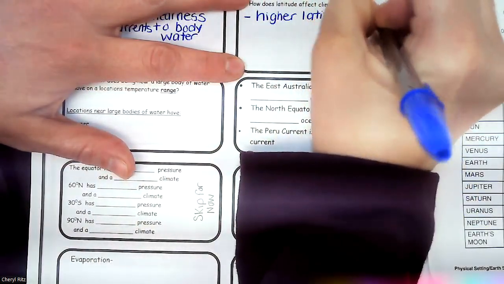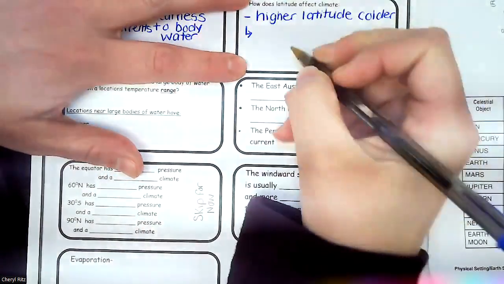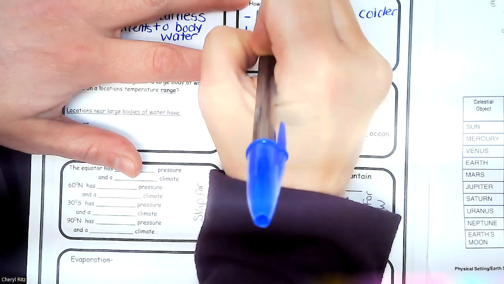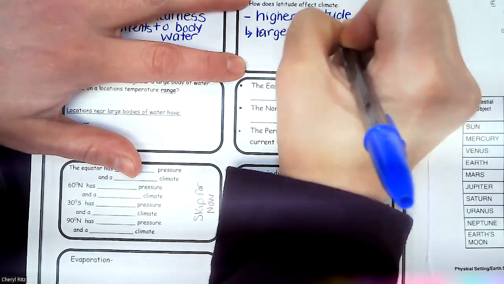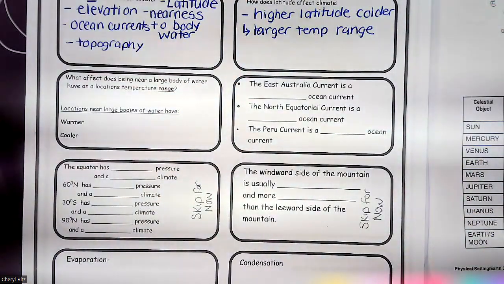In general, you're colder, yes. But I also want you to remember what Jake was saying, which is larger temperature range. So the higher the latitude, that means you're far away from the equator, the larger the temperature range. And remember, that means the difference between the coldest days and the warmest days.